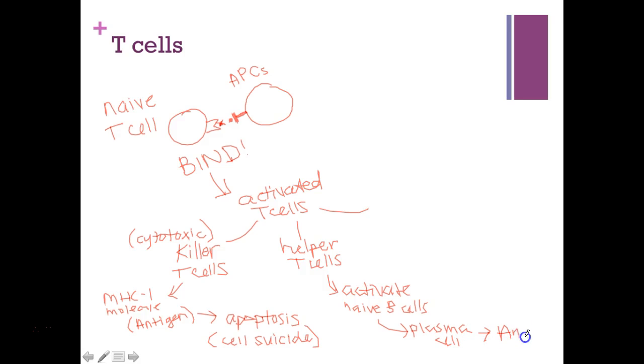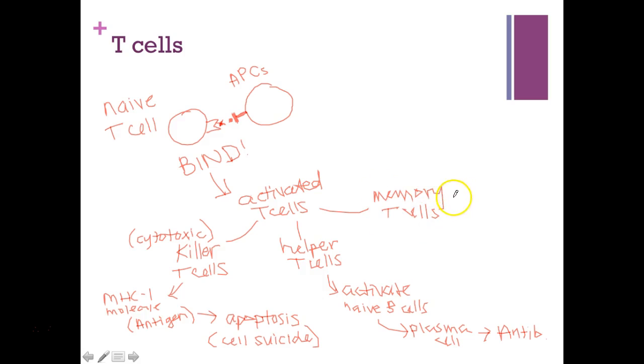Antibodies. Okay. And the other thing that they can differentiate into are memory T cells, which I forgot to mention in our B cell slide. But once the B cells become activated, they become plasma cells, but then they can also become memory B cells.